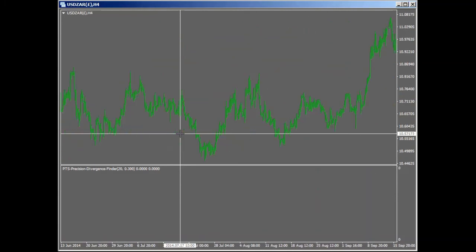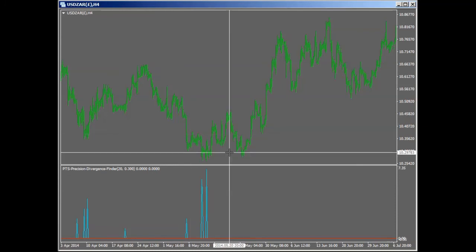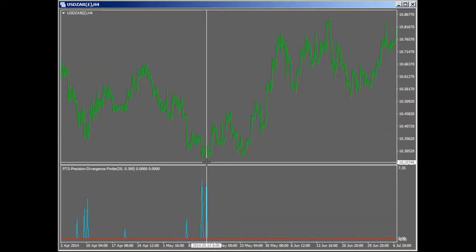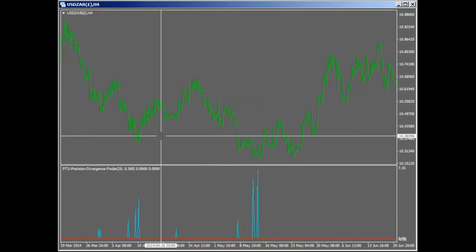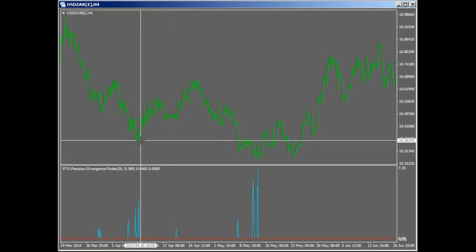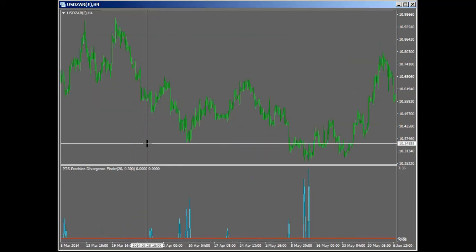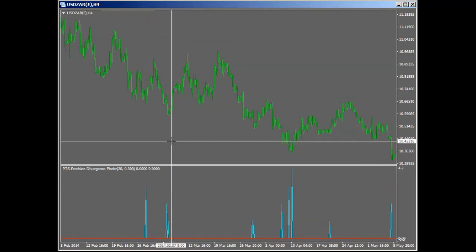Failed signals are often a good thing to use to reverse your trades, although it takes a special type of person to be able to first admit they're wrong enough to close their trade and also then reverse it straight away. It's not easy for everybody to do, but those of you who can will do better than those who can't.